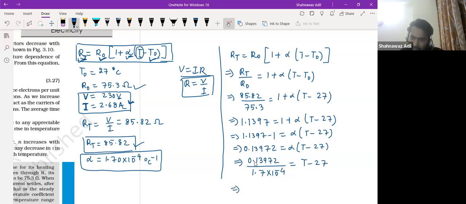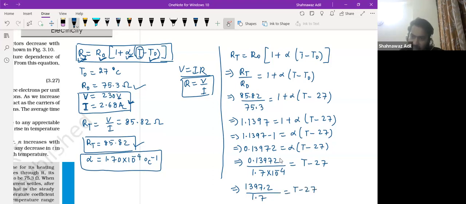Let me write it in terms of 10 to the power 4.